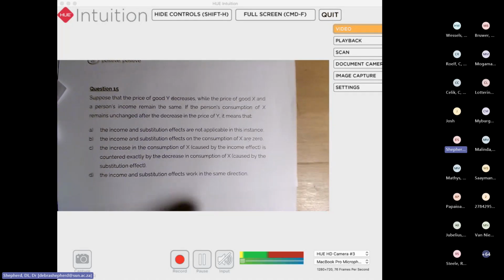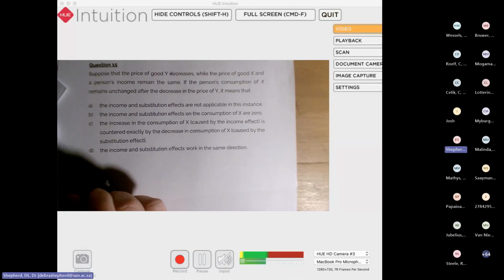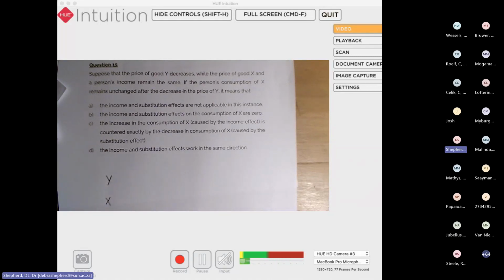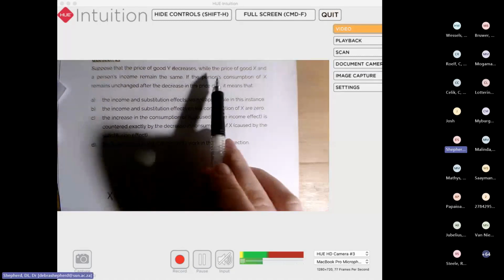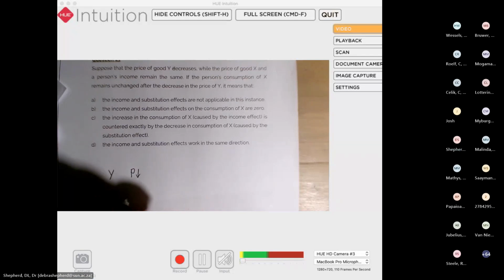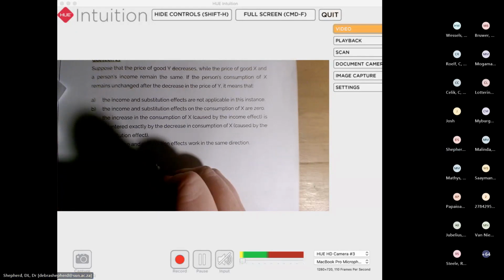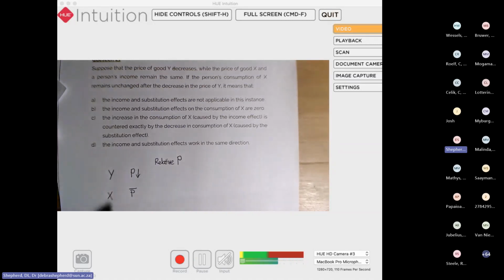Okay, so I'm going to go through this step by step. We have good Y and good X. We get told that the price of Y goes down and the price of X stays the same, and the income is also staying the same. What happens to the relative price of Y if the price of Y decreases?